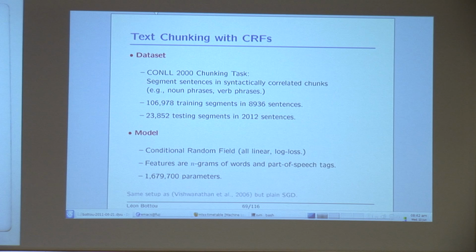We have about 100,000 training segments in 9,000 sentences and 25,000 testing segments in 2,000 sentences. But the dimension, after you represent the sentence in the traditional CRF setup for this task, is about 1.6 million parameters. And the features are basically n-grams of words and part-of-speech tags at various positions.